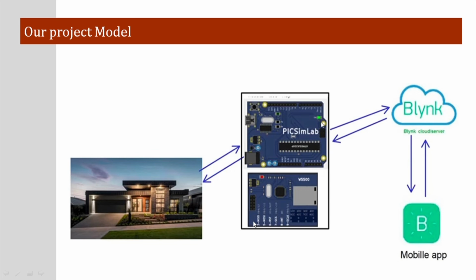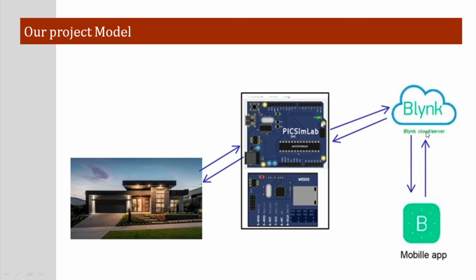So how it is done, let's see. From this, as we saw in the previous slides, this is nothing but the Blink app. We send the instruction to the Blink cloud server. The Blink cloud server, as we said earlier, stores the information.